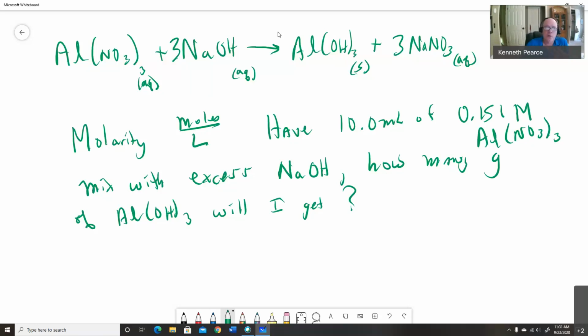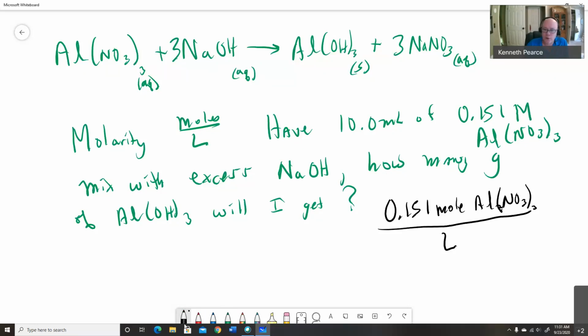Molarity is moles per liter, which is a way of going from liters to moles and moles to liters. This is an essential skill: we're going to say that we have 0.151 mole aluminum nitrate for every liter of aluminum nitrate solution.